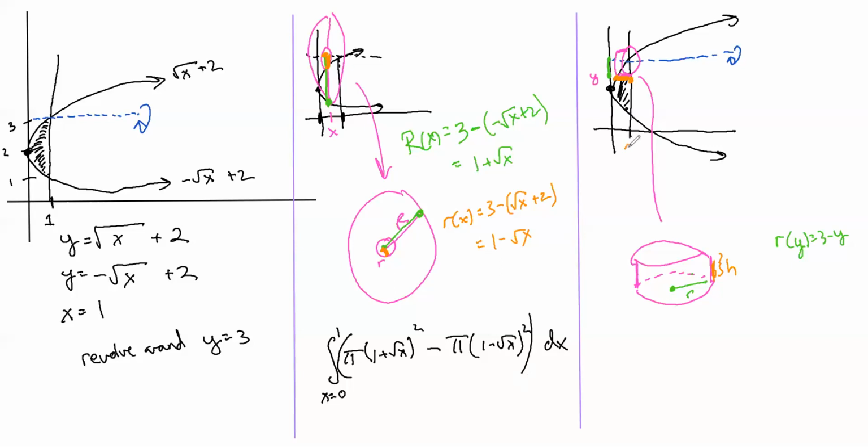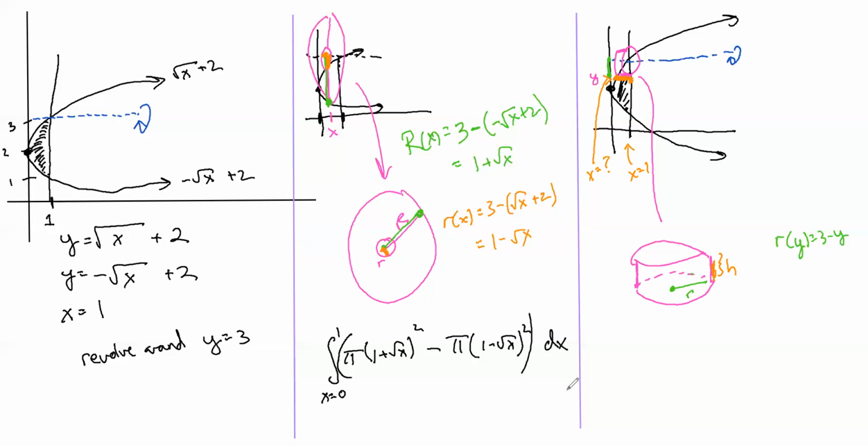This curve is x equals 1, and this curve is x equals question mark. So it's a difference of these x values. The upper one, the rightmost one, is equal to x equals 1. The other one is x equals question mark.